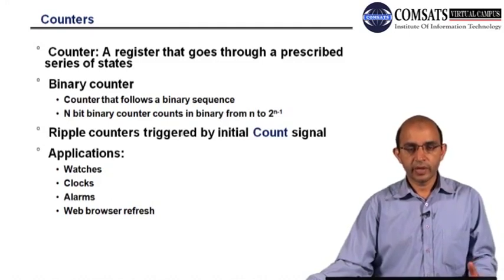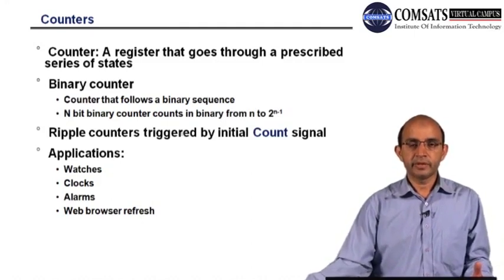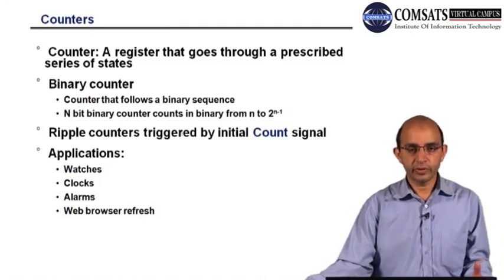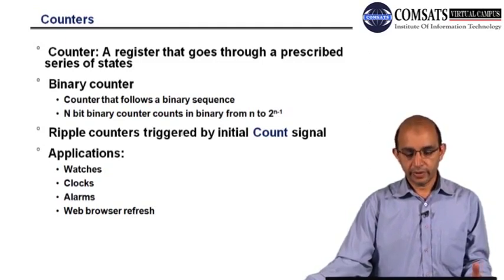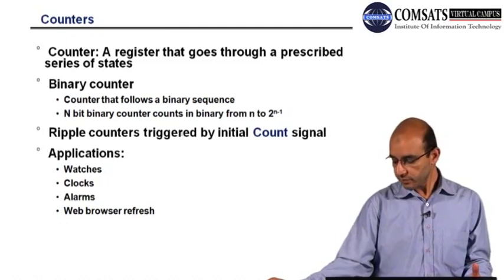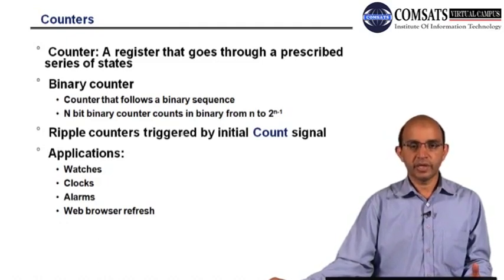I want it to start from 000 and go until 111. Then I need 3 registers, 3 flip-flops, and I will join or cascade those flip-flops accordingly.